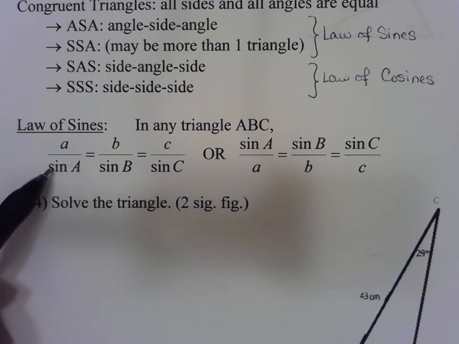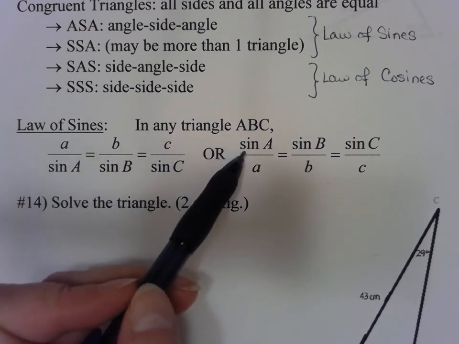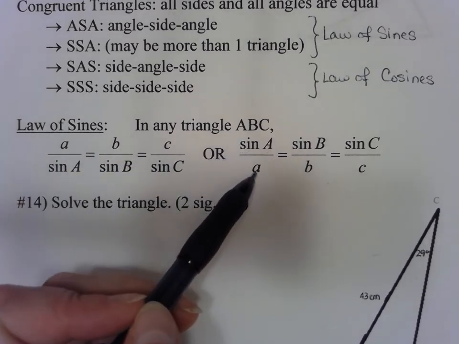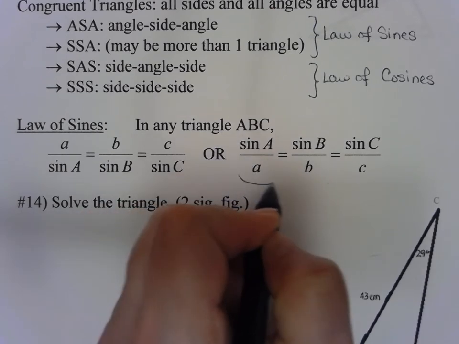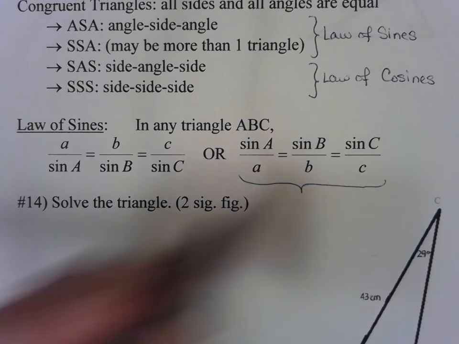So we can actually write this in two different ways. You can put the sides on the top and the sine of the angle on the bottom, or you can put the sine of the angle on the top and the side length on the bottom. I usually use this one, but both of them work just as well.